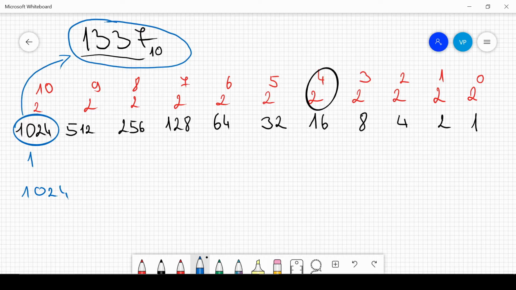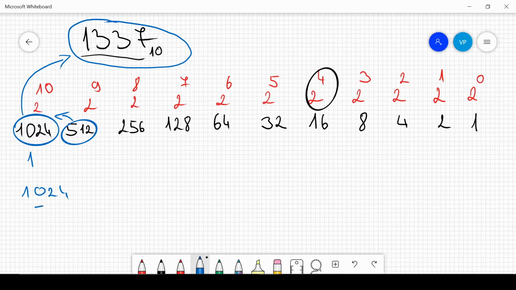Next question is, does the 512 go into number 1024, and those two together add up, do they go inside 1337? Let's find out.